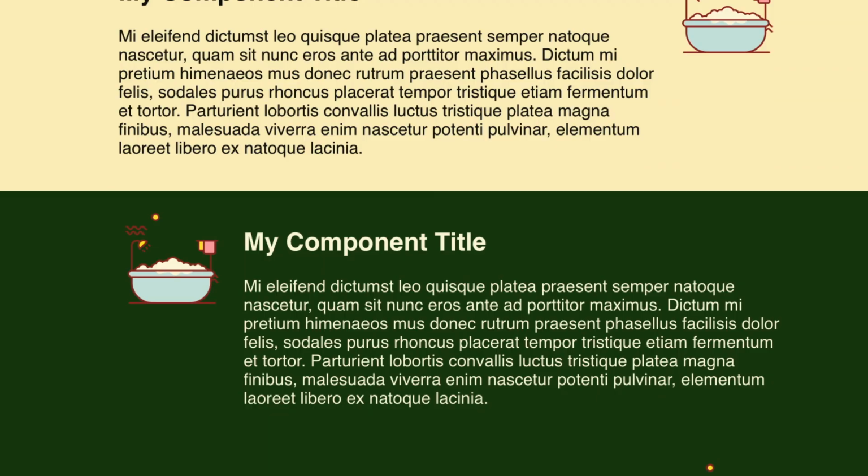I actually used this pattern on a recent project for App State University. It was really handy. So remember that custom properties follow the cascade. So we can redefine the property on a component parent and have that value flow down. And now I'm going to go back to my demo.